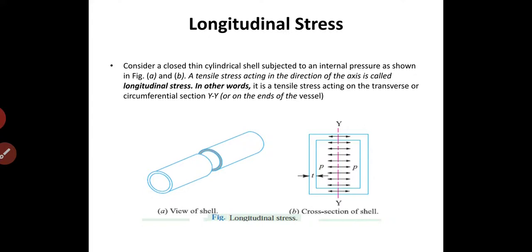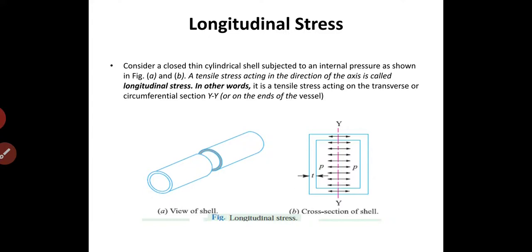Consider a closed thin cylindrical shell subjected to an internal pressure as shown in figures A and B. A tensile stress acting in the direction of the axis is called longitudinal stress. In other words, it is a tensile stress acting on the transverse or circumferential section YY.